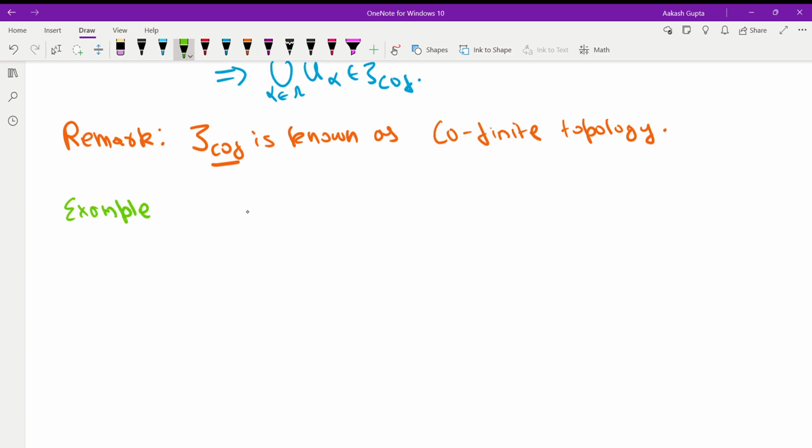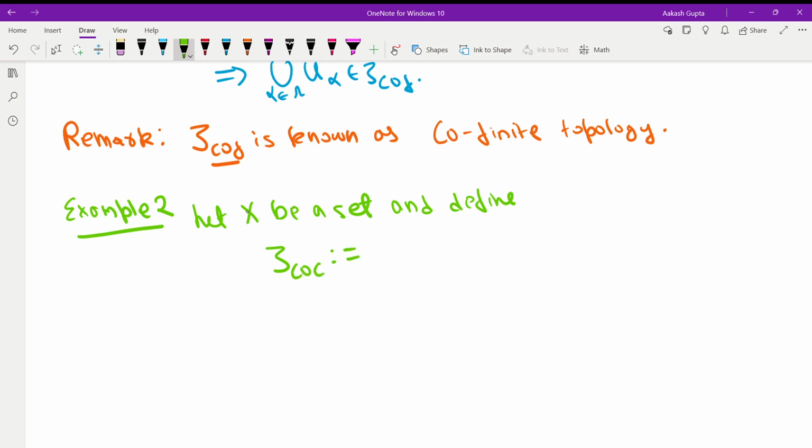So example, I think 2. Let X be a set and define tau COC. Okay. How am I defining this?